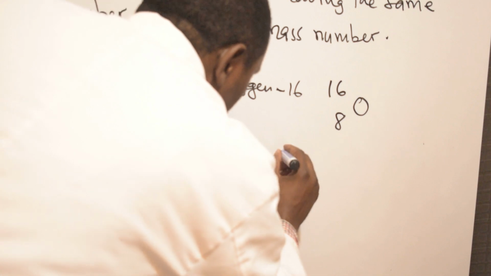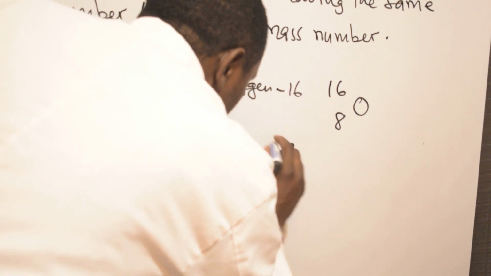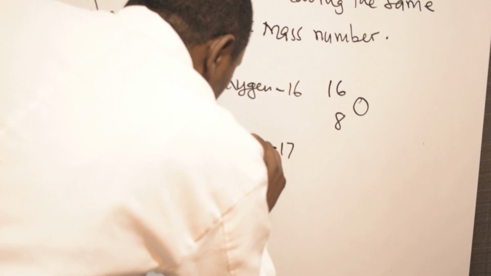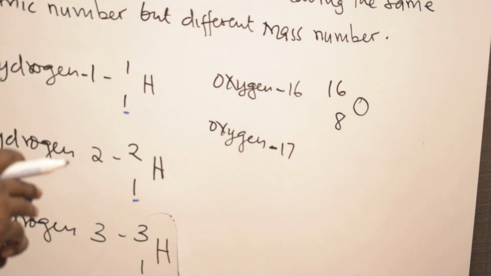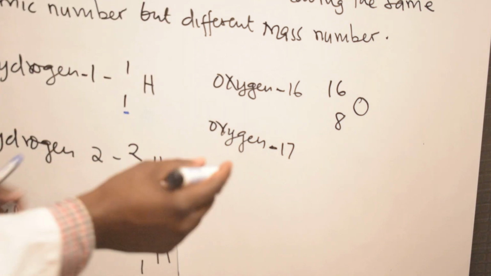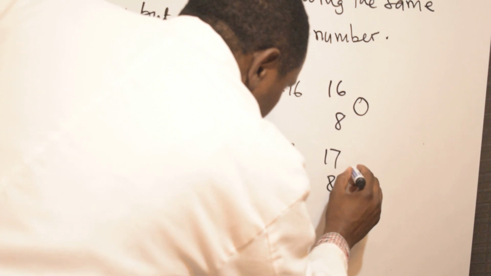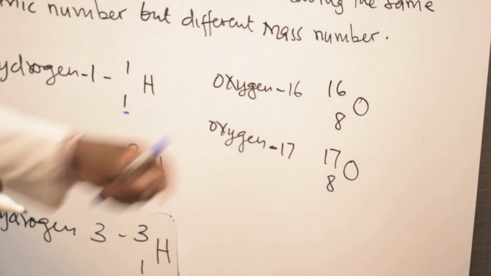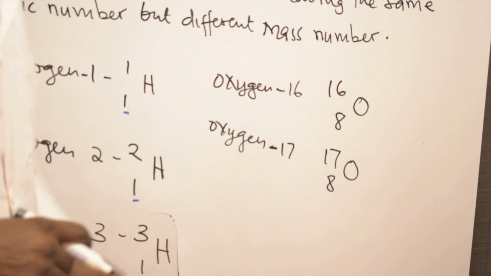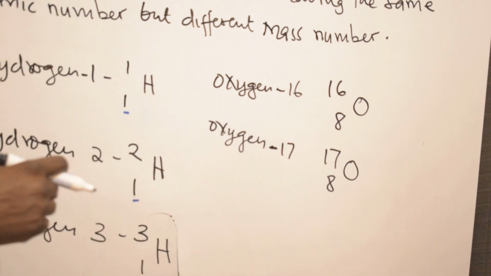Now talk about oxygen 17. The oxygen 17, on the other hand, has a mass number of 17. Therefore, I'm going to have 17 here. The atomic number remains the same, and then I'm going to present it that way. That will be the isotope oxygen 17.